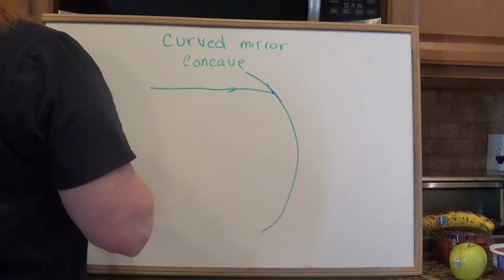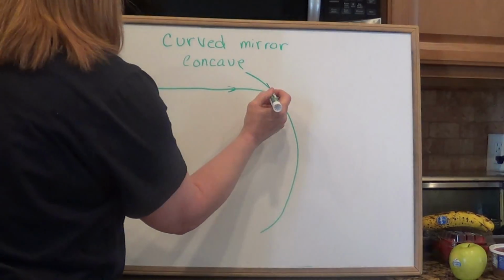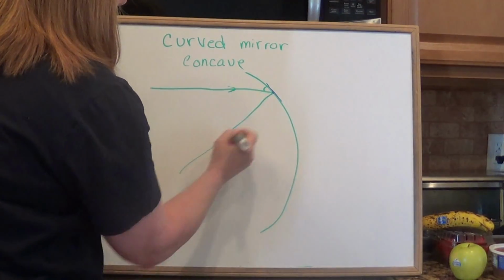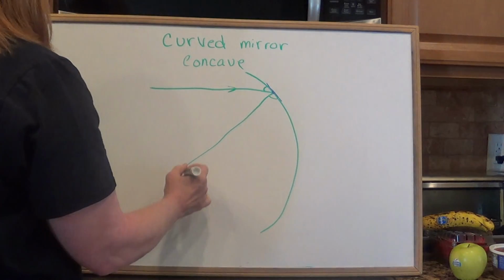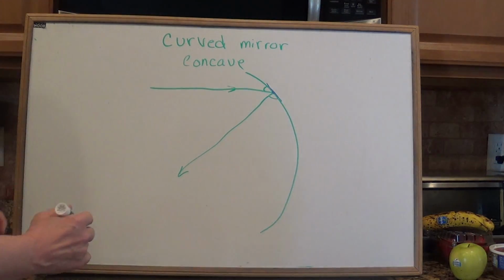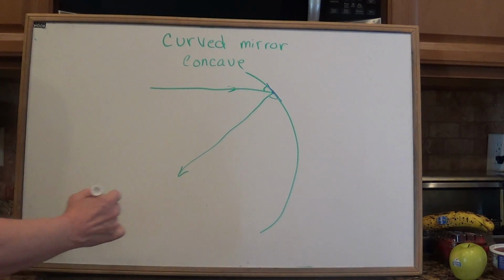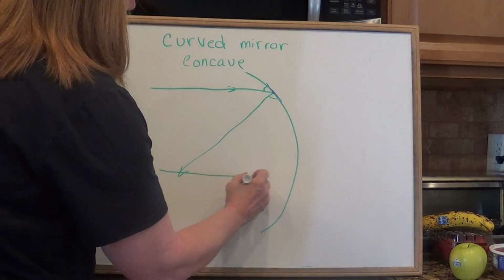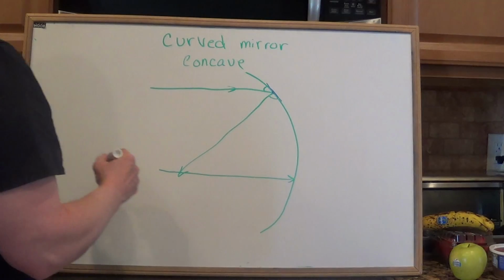So we're going to do our angles from that little tangent line. Angle of incidence, maybe like that. Angle of reflection is the same, so it comes out like that. All right, let's have another light beam, a ray, come in horizontally down here.